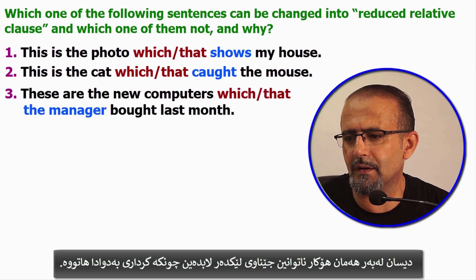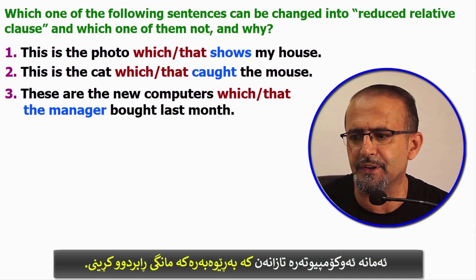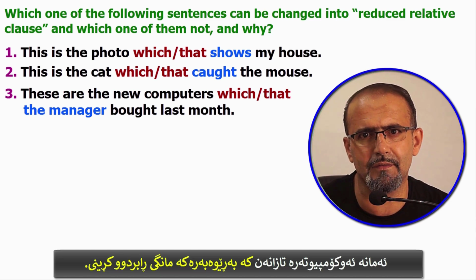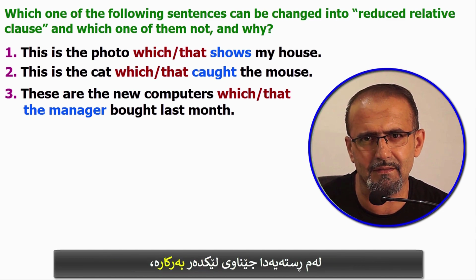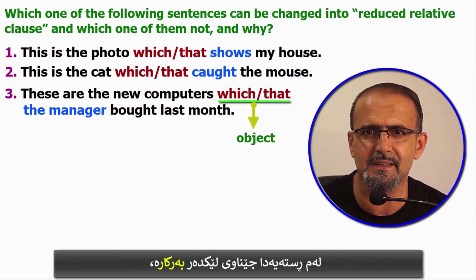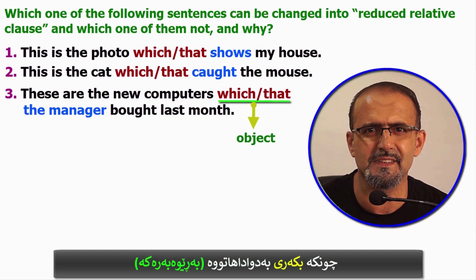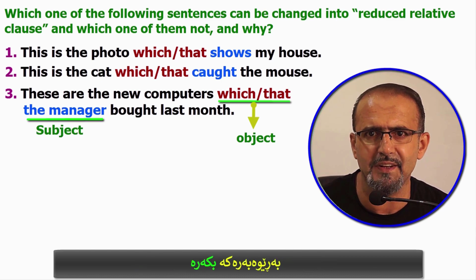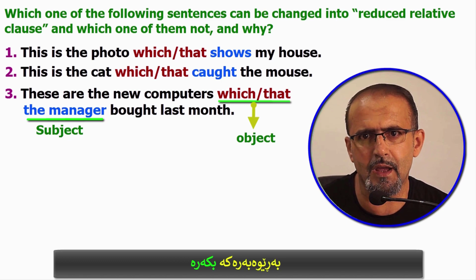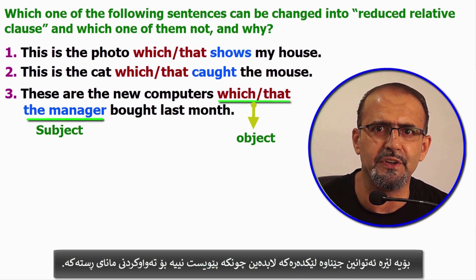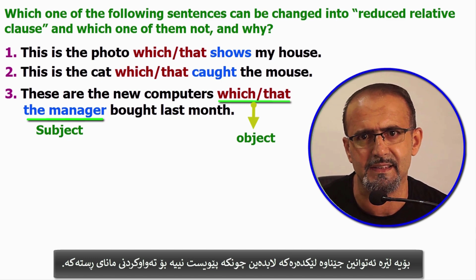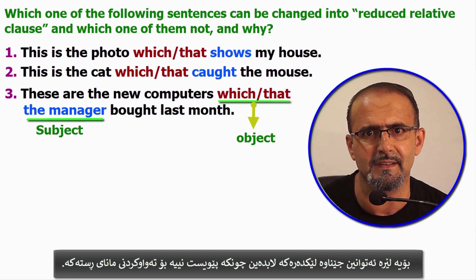Number 3. These are the new computers which the manager bought last month. In this sentence, the relative pronoun is the object because it is followed by the subject, the manager. So here we can reduce the relative pronoun since it's not necessary to complete the meaning of the sentence.